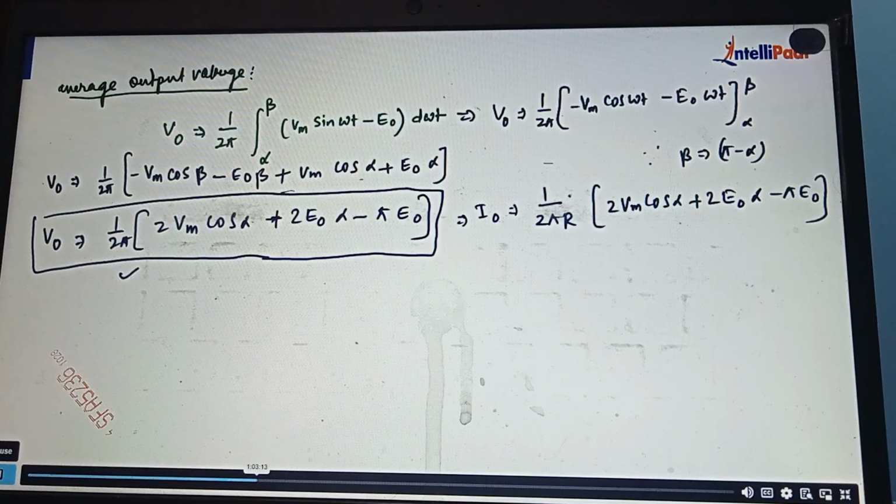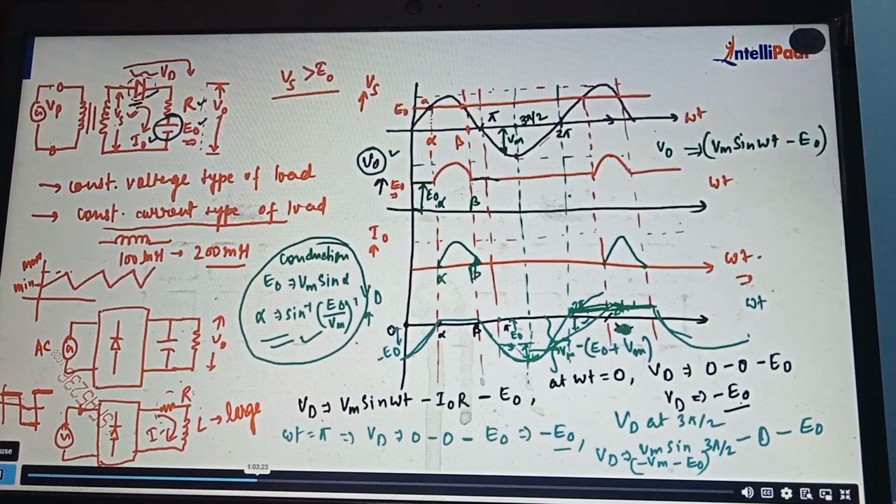Now if I wanted to calculate VRMS, VRMS and average voltage, these two voltages are important while we are going for such a charging system. So we have to calculate the RMS voltage of the output voltage.